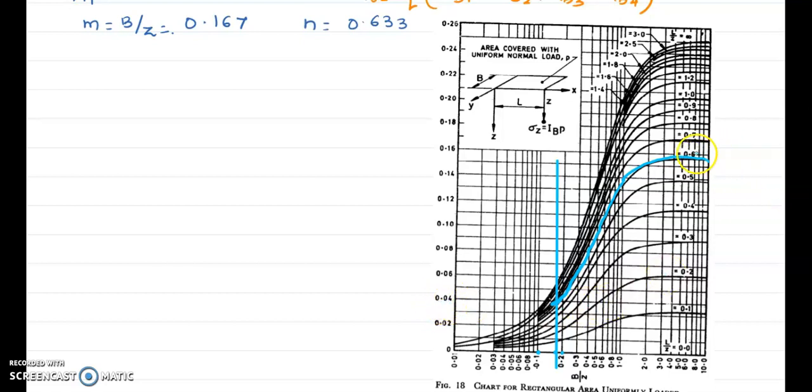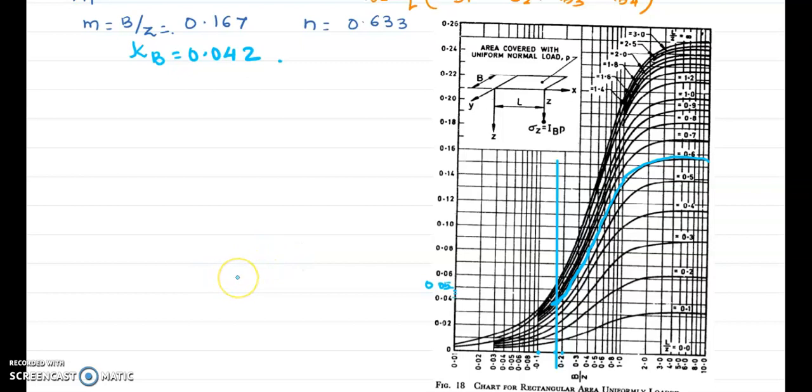Now this is for the 0.6 line. 0.63 will be slightly more, so that will be your interpolation. It will be slightly more than 0.04, in between is 0.05. So I can write KB is equal to 0.042. I am approximating this. Some people may write it as 0.041 or 0.0415. It's up to you, because there are no graduations in between, so you'll have to use some common sense and do it.